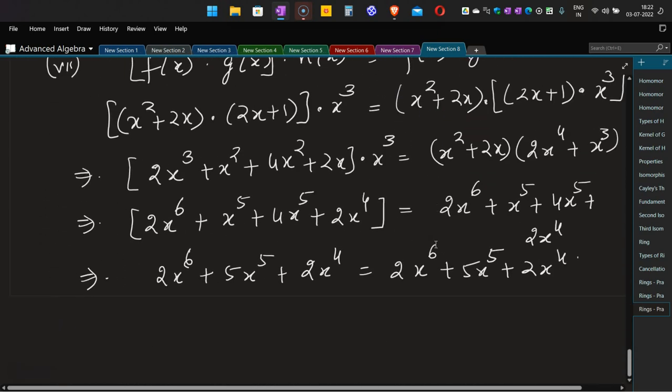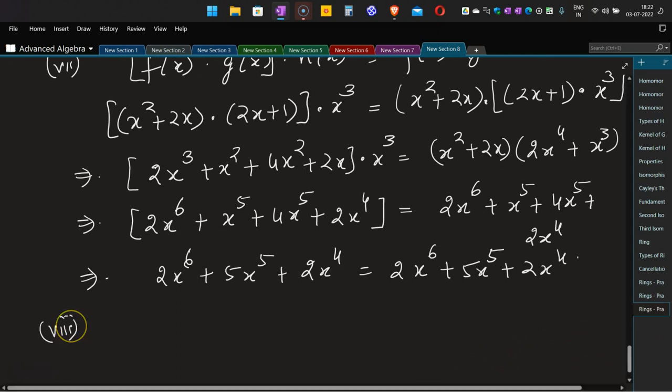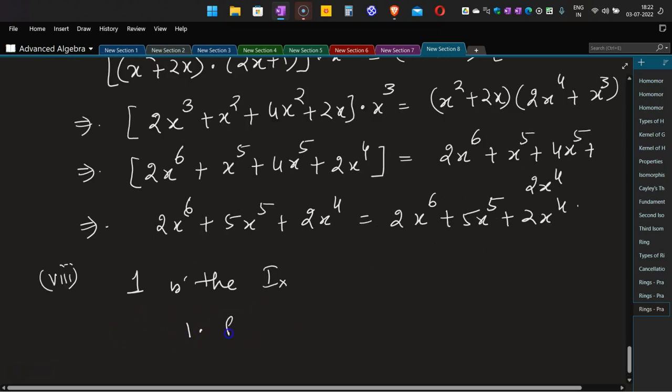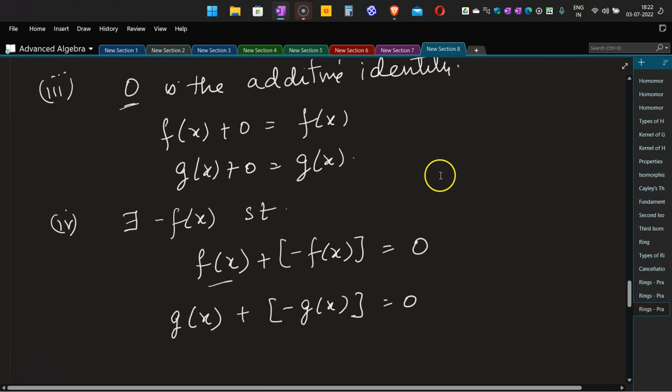Multiplicative identity exists. So what is the multiplicative identity of this structure? So 1 is the multiplicative identity. So which means 1 times f of x is equal to f of x times 1 equal to f of x. Okay, so this is pretty straightforward. Multiplication distributes over addition.